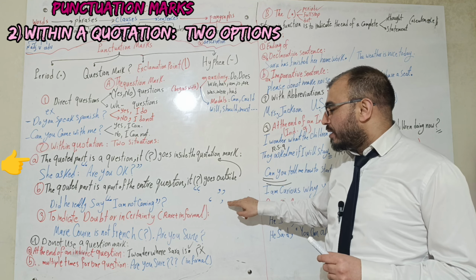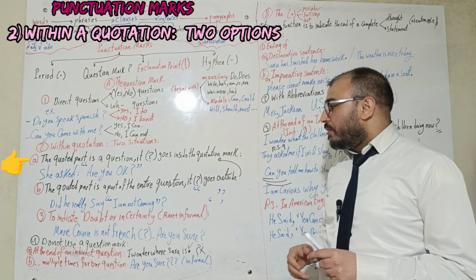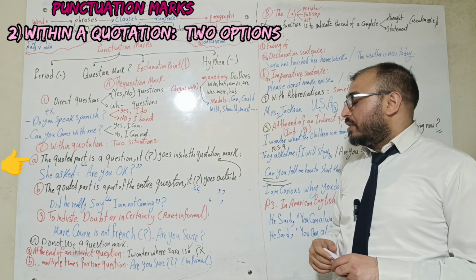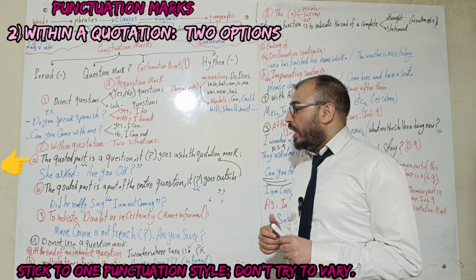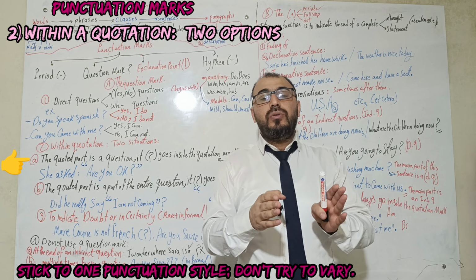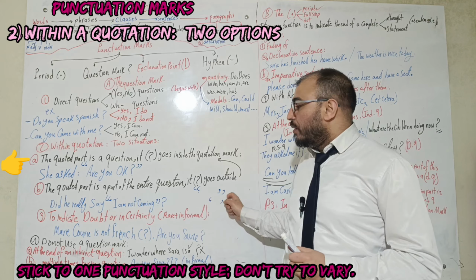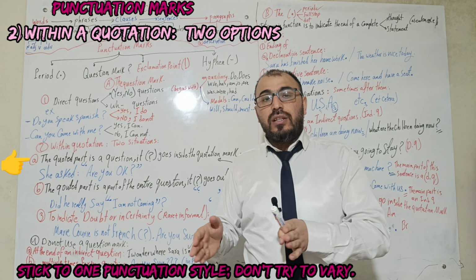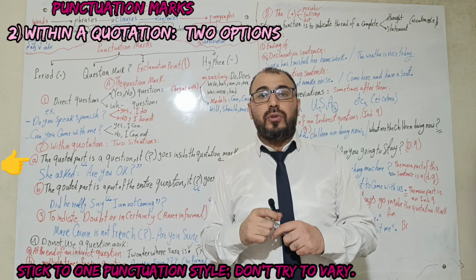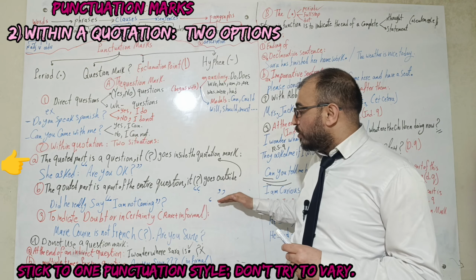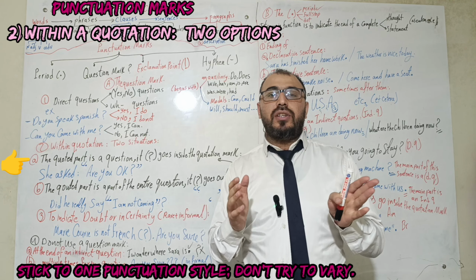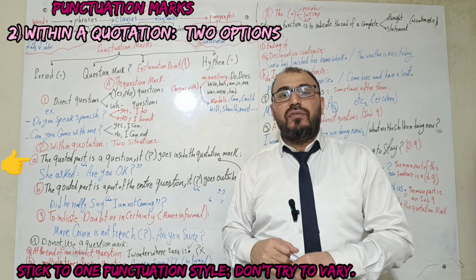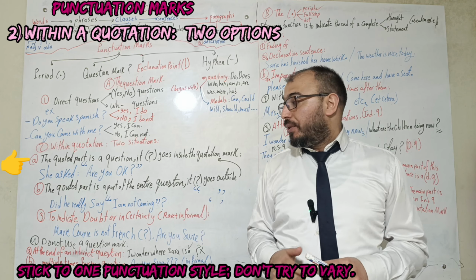Generally, those are American and those are British, and both of them are correct. So you can use the one you like, but when you start using one of them, please try to stick to it till the end of your essay or your paragraph. Don't try to use both of them together, because this could confuse the examiner.